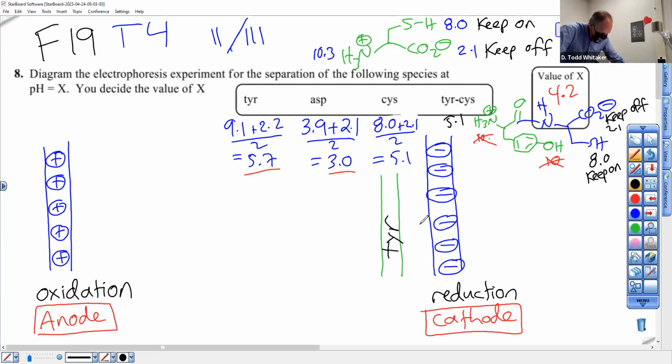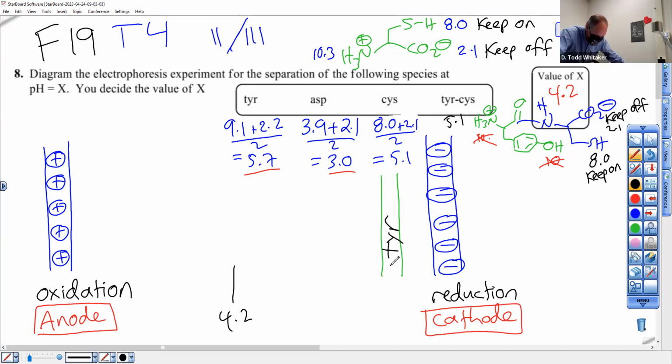Now, what about the 5.1? Remember, 4.2, if you had a molecule with a PI of 4.2, it would be right smack in the middle, right? We don't have one. 5.1 is 0.9 away from that. And 5.7 was 1.5.